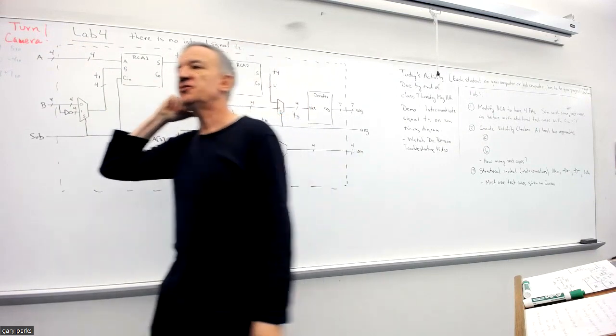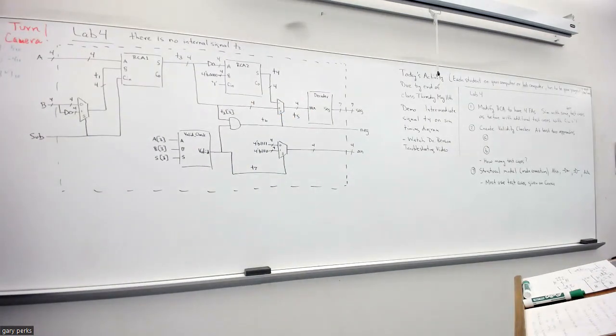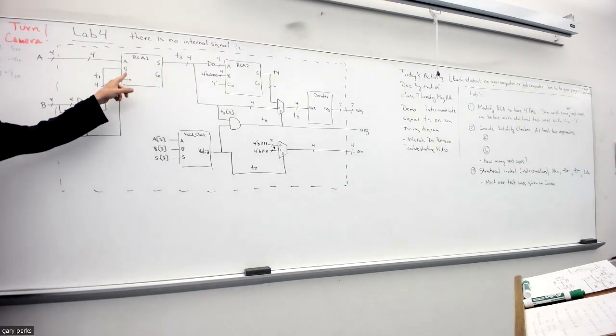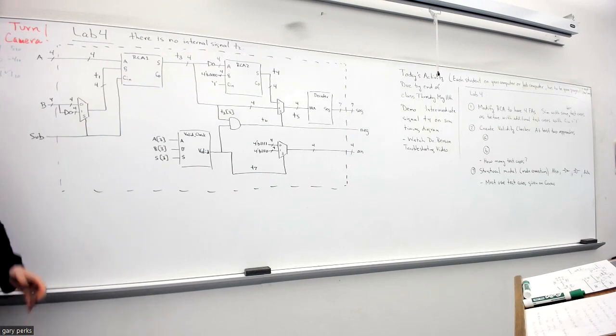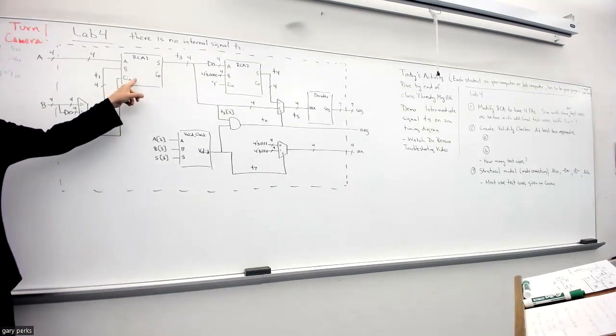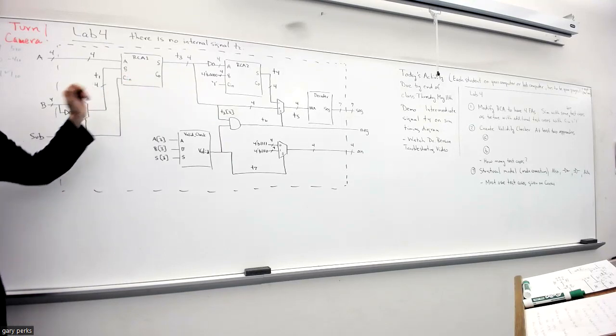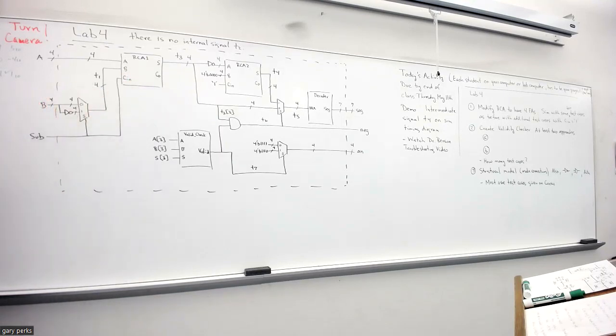Now, I mentioned on Tuesday, and perhaps some of you were able to do this before today, that this RCA has to be modified from what you have from lab 2 and also lab 3. You use the RCA in lab 3 too. Now we want our RCA to have a C-in input along with the A and B inputs.